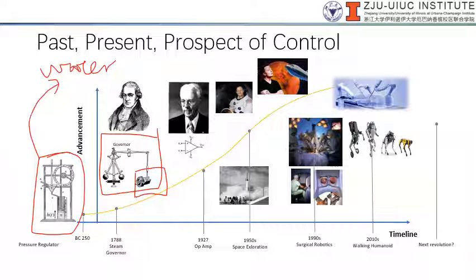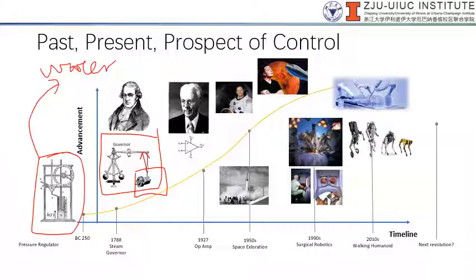When you turn this ball, due to centrifugal force, the balls will move apart from each other, pulling this lever, this mechanism, to increase or decrease the opening of the valve. So this will regulate the speed of the governor. And of course, there are a lot of other advancements like the op-amp.